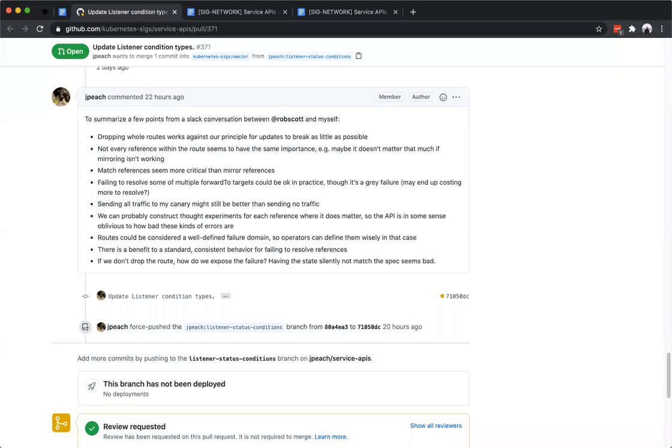As someone who debugs clusters on occasion, one of the things that is easy to look for when you get into a namespace is events for that namespace. What happened here? And so publishing an event in the same namespace as a route or gateway, whatever it happens to be, could help provide some more visibility than simply a status condition on a route or a gateway.